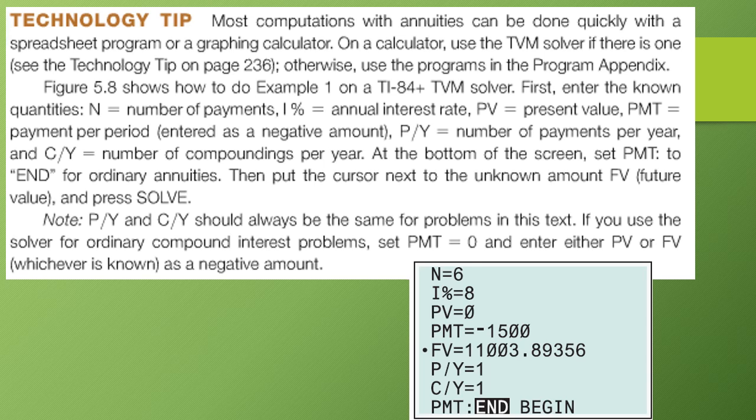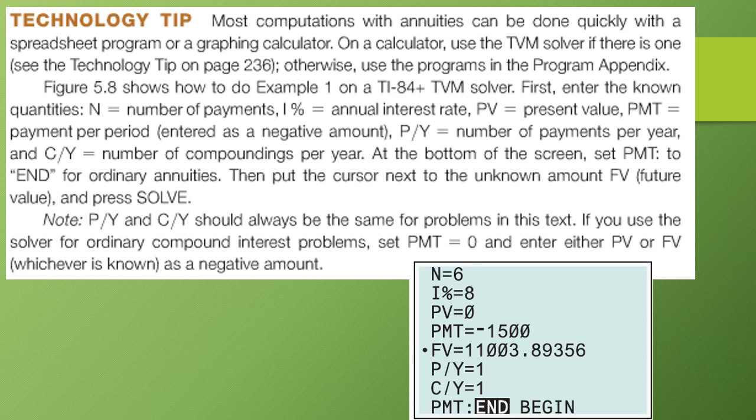At the bottom of the screen, you can set the payment to end, which would be an ordinary annuity, or begin, which we'll talk about later, would be what's called an annuity due. So for right now, it would be end that we're interested in. Okay, then what you need to do is put the cursor on what you're missing, which would be FV for future value, and then press solve.